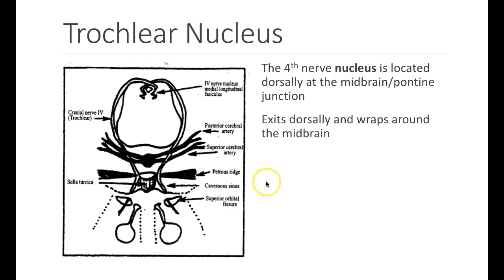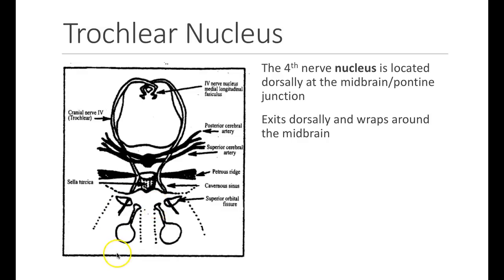The trochlear nerve lives in the dorsal midbrain. The fascicle exits immediately, crosses to the other side, and wraps around the midbrain. After it wraps around the midbrain, it travels through the subarachnoid space and into the cavernous sinus.